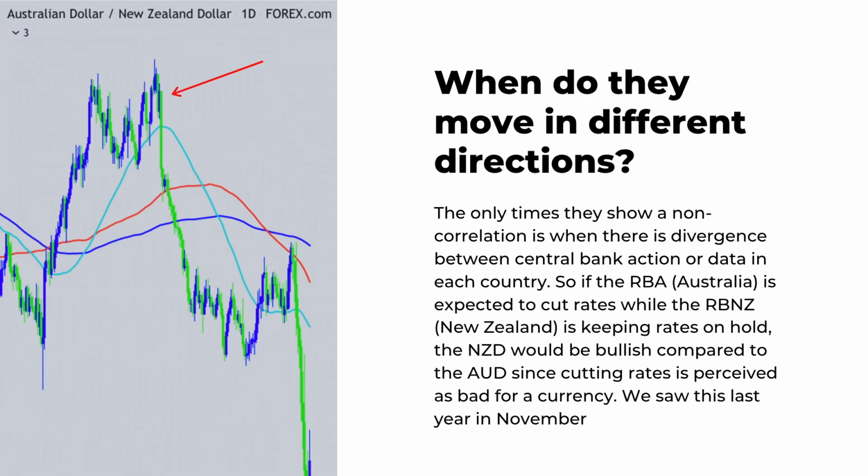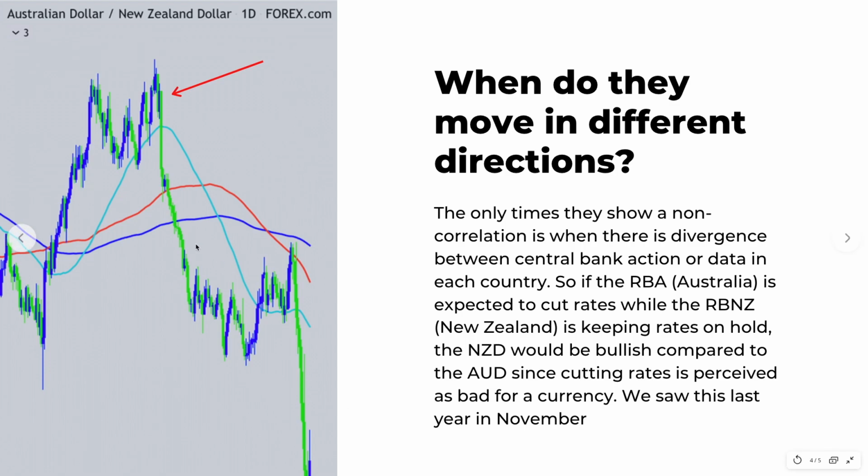The central banks in each country decide on interest rates, they release statements, they have an agenda, and when there's a difference between what one country's central bank is doing versus the other, that is usually when we see a shift, and one becomes a lot stronger or weaker than the other one. Or, like I mentioned, data. So if Australia's unemployment rate is going up, and New Zealand's looking good, then that will also cause a divergence, and the New Zealand dollar will become a lot stronger.